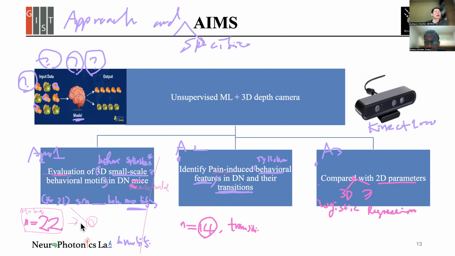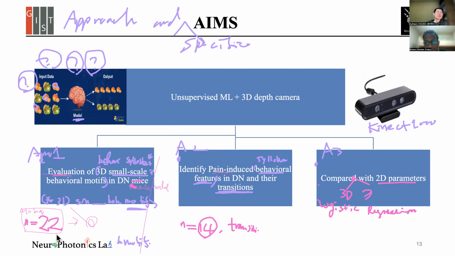Right, but you start with the 22, you compare correlation of these syllables, whether there's a positive or negative correlation. No. Only control and DN. Usage. Yes, and you found 14. It's different. So this is outstanding, like important motifs for diabetic neuropathy.